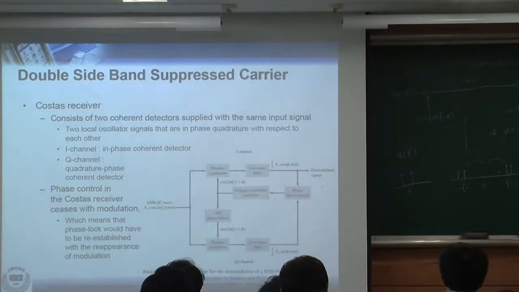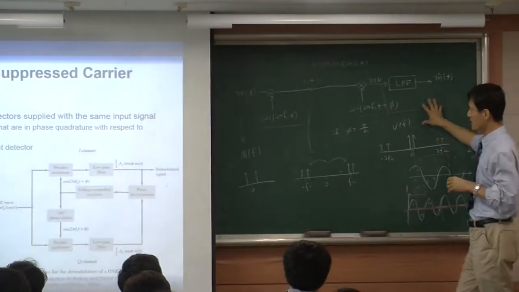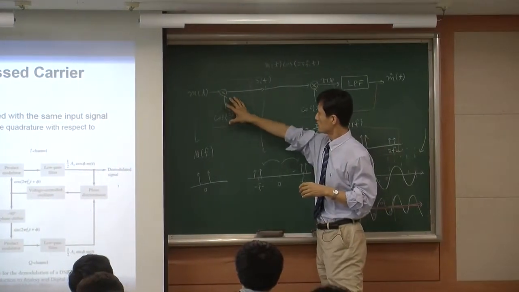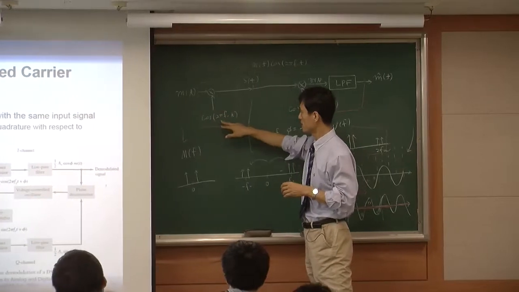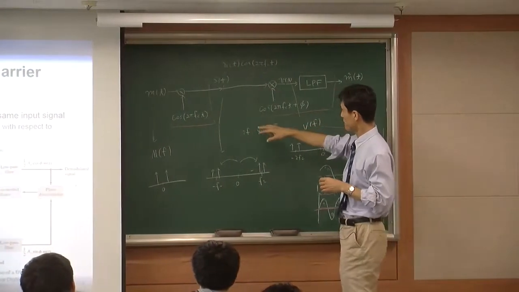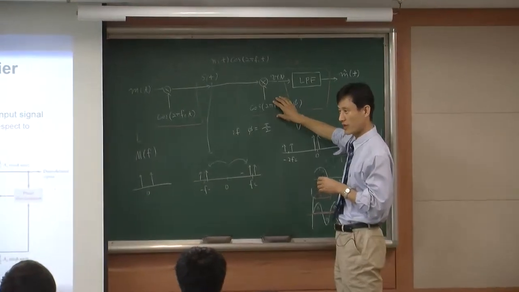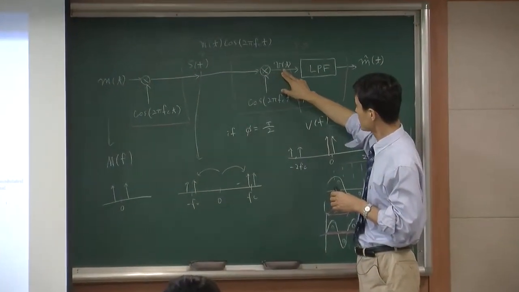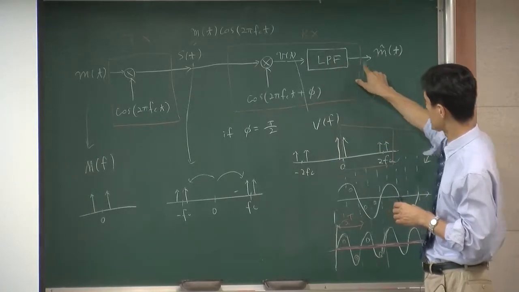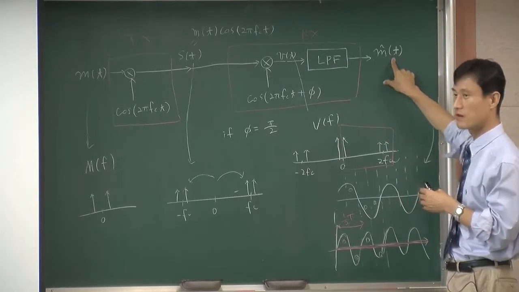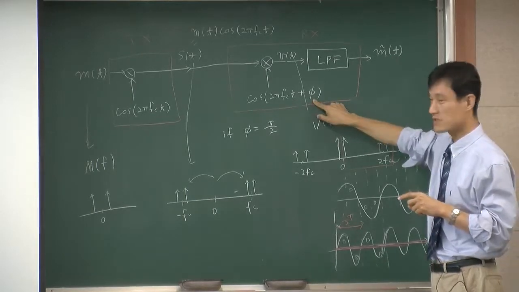Right here so far, let me summarize a little bit. What we discussed so far is that you create the ST at the transmitter by simply multiplying MT with CT, the cosine carrier. At the receiver, you again multiply your own carrier frequency and create the VT, and then put this VT into the low pass filter. Hopefully you can recover the message. Now what was the problem? Phase is the problem.